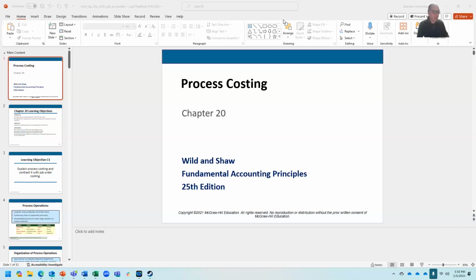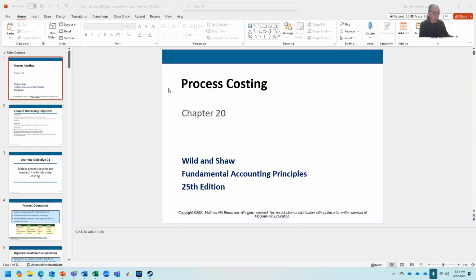The reason why it's important to recall that is because I mentioned last week that process costing involves a continuous process. That's why we call it process costing. I just want you to keep in mind what we talked about last week with job order costing as we move into process costing, because they are somewhat related.